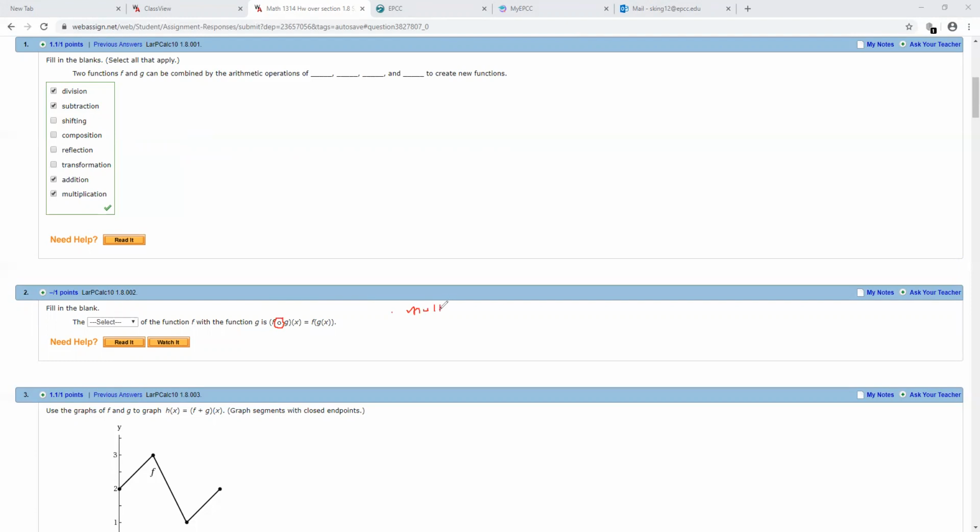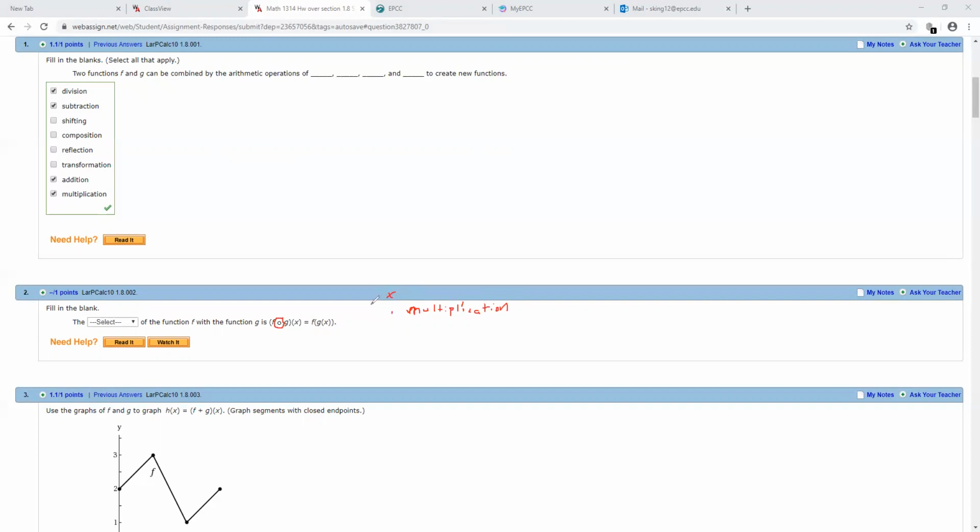So multiplication is when we have a dot, and this one is the fifth one. It's the composition. Multiplication is reserved as a dot or an elementary cross, the multiplication sign we learn.